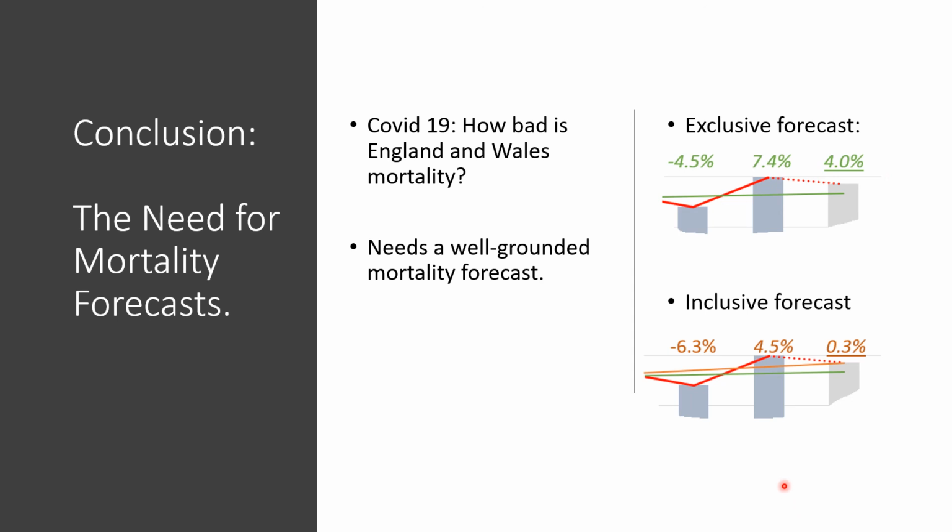However, if we think that the COVID years shouldn't be treated as exceptional years and included in a time series average so that we have a different trend line, and we call this the inclusive forecast, then what looks exceptional is actually 2018 and 2019, and it's exceptionally low, so 6.3% below trend, leaving a large vulnerable population to carry forward into the following years.